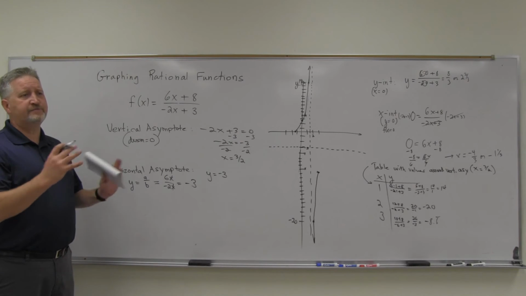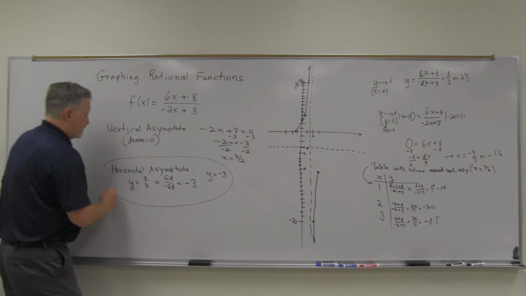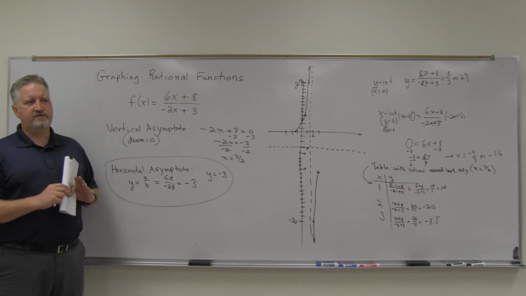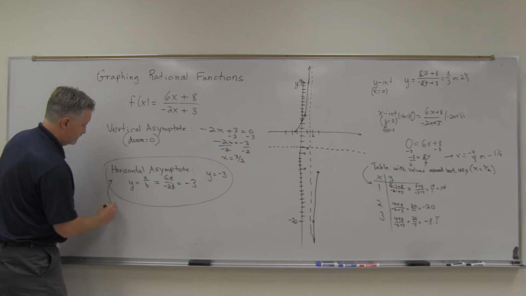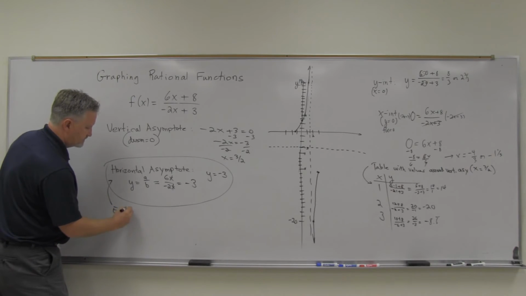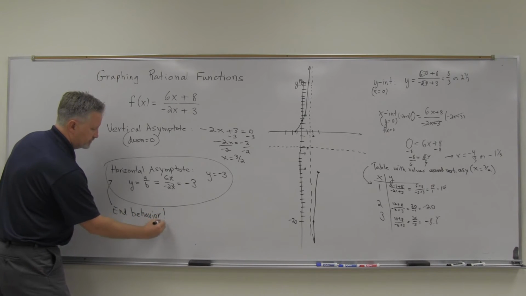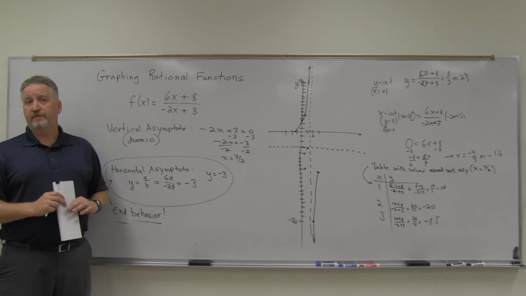Now the other thing, the reason we drew in the horizontal asymptote. Remember what I said on that: the horizontal asymptote tells us about the end behavior of rational functions. It gives us our end behavior. It's what the graph is going to go to on the ends.